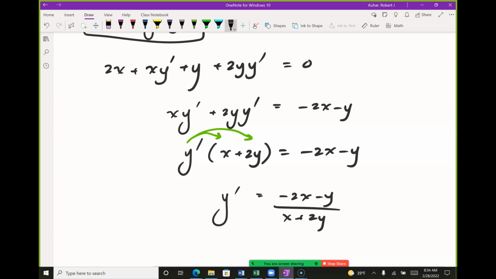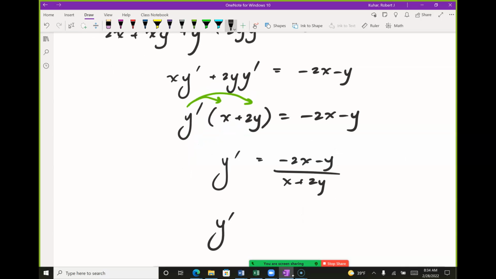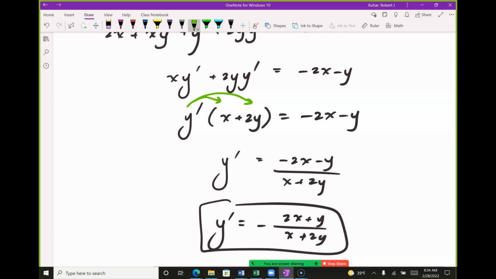I mean, you could make it look a little bit better by saying negative 2x plus y over x plus 2y. That looks a little bit better to me. But my teacher would say, well, which one is better, and count the strokes. So 1, 2, 3, 4, 5, 6, 7, 8, 9, 10.